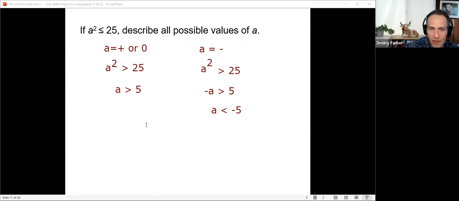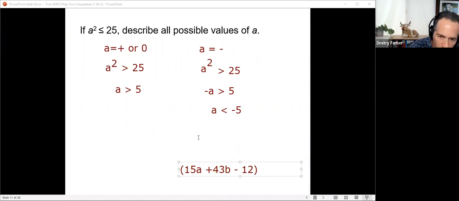Now, again, that is something that over time you just might memorize, or maybe already have memorized. But if you want, you can do it out and put the negative on this side. But a lot of us will find it easier, especially if there's a large amount. Imagine something like 15A plus 43B minus 12, squared, equals 25.